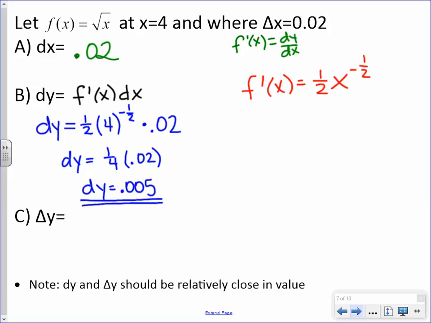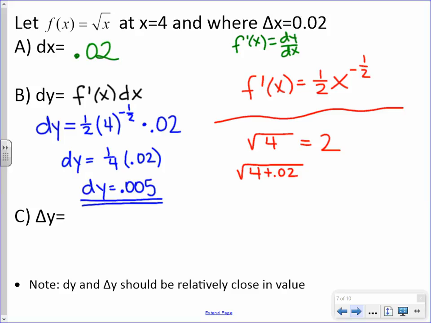Okay, so this is what that means. Since the square root of 4 is 2, then the square root of 4 plus delta x is that y value plus dy. So the square root of 4.02 is approximately 2.005.